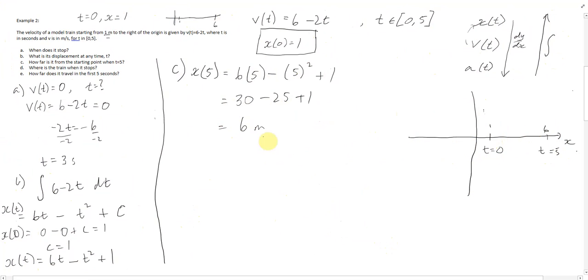So let's read the question carefully. How far is it from the starting point when time equals 5? Well, it's 6 meters from the origin, but it didn't start at the origin. It started over here. So the distance that it is, so we have to write, hence it is 5 meters from where it started.